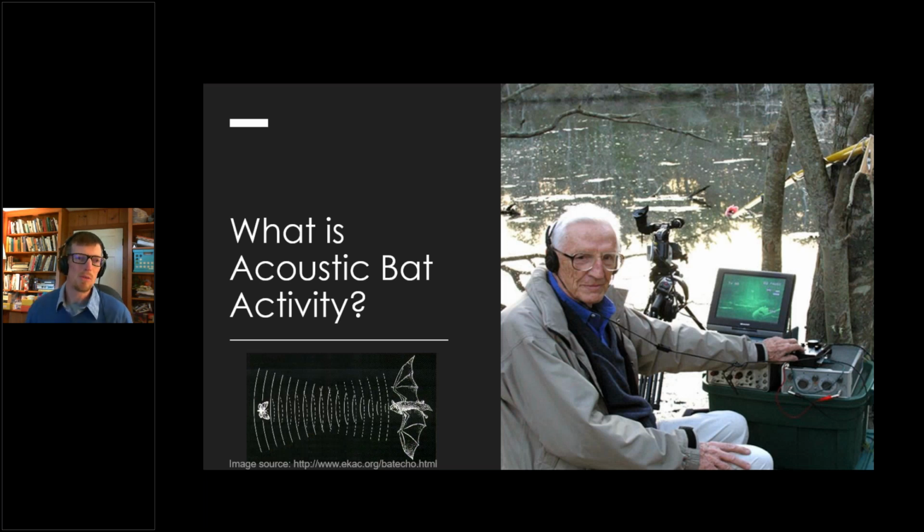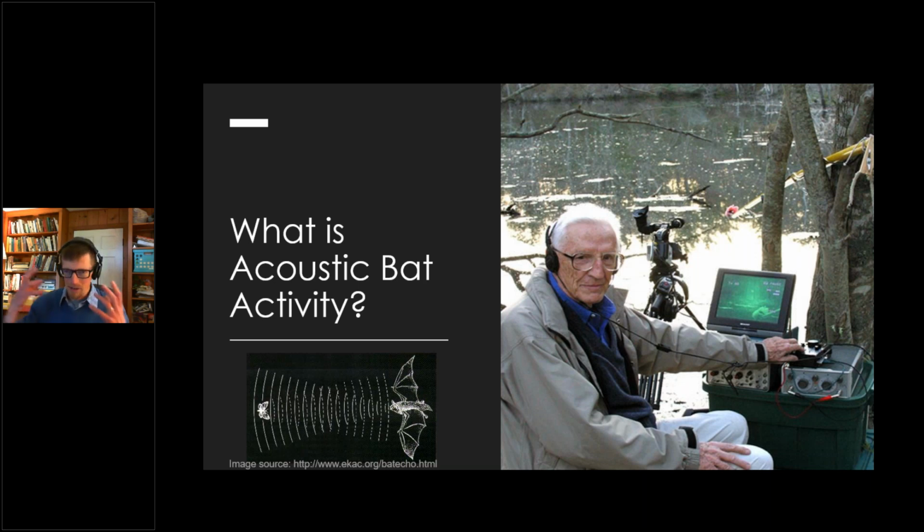So first of all, what is bat activity, acoustic bat activity? It wasn't until the mid-1950s when Donald Griffin, pictured here, discovered echolocation in bats. Prior to that, people thought that bats use some sort of sense of touch to navigate and avoid obstacles. He was the first to show that they're using echolocation in the ultrasonic frequency range to not only fly and avoid obstacles, but to also capture prey.